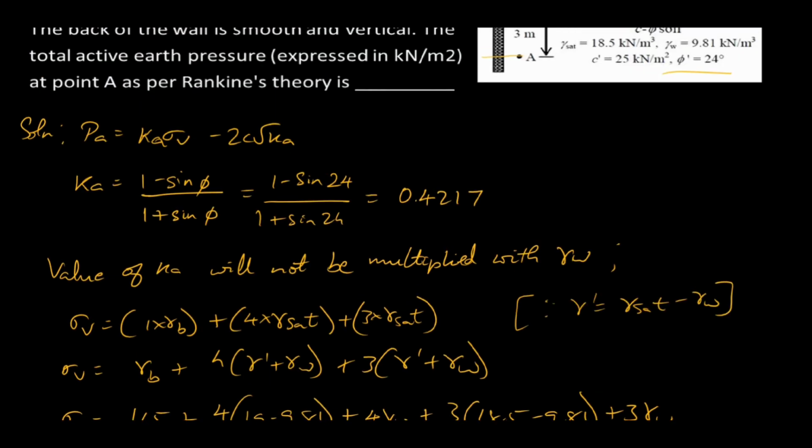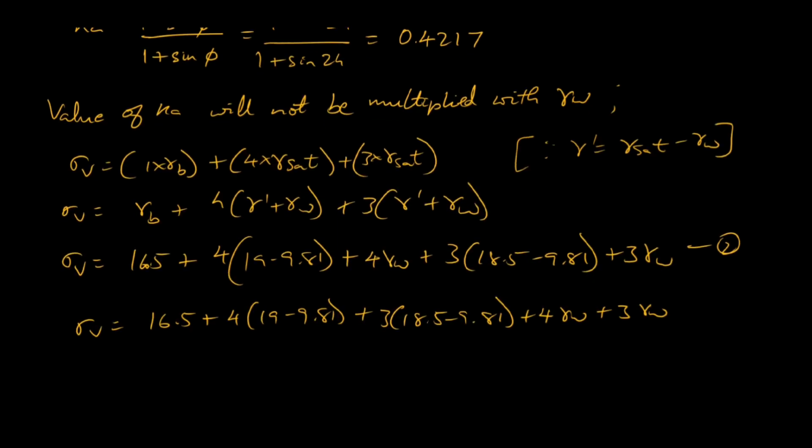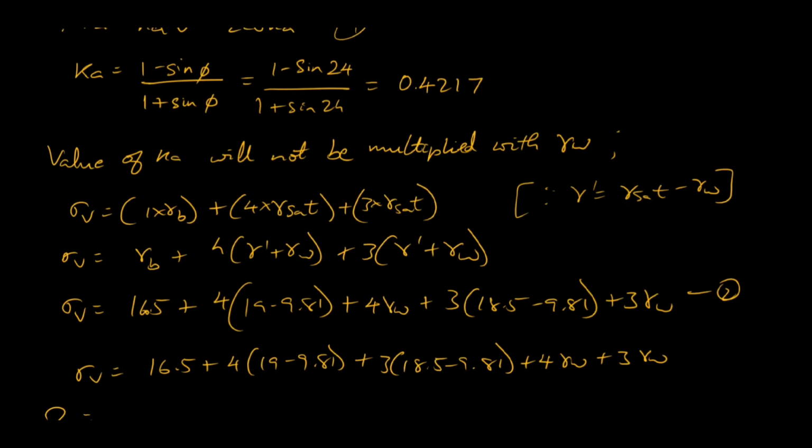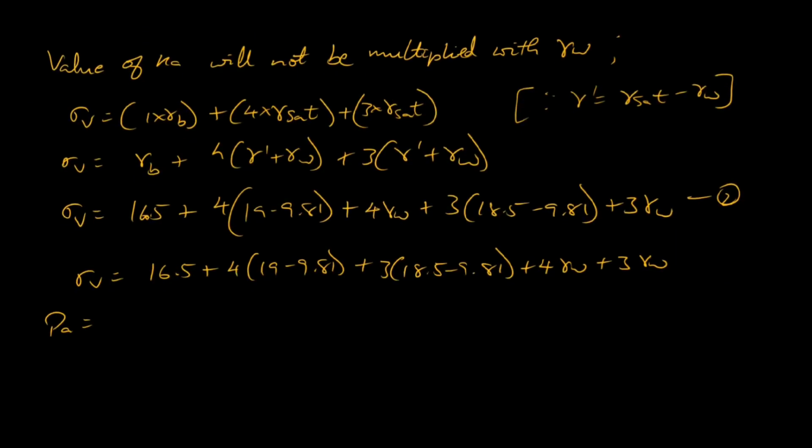Let us consider this as equation 2 and this one as equation 1. We'll solve the value in equation 1. So PA will be Ka sigma V, where Ka will be multiplied until this value.